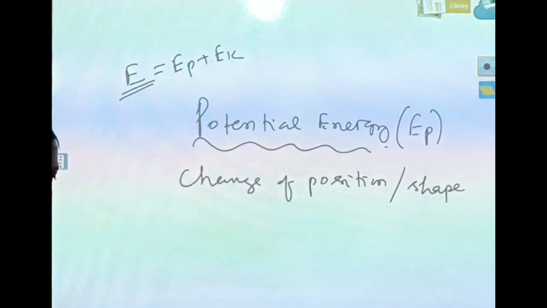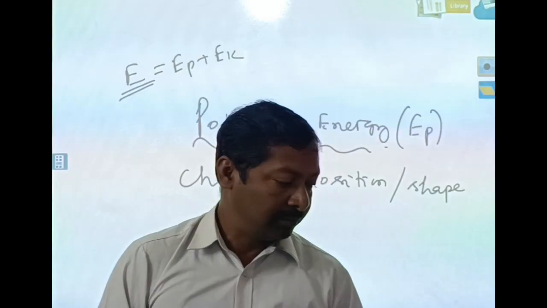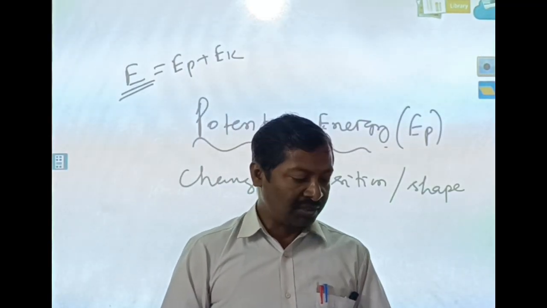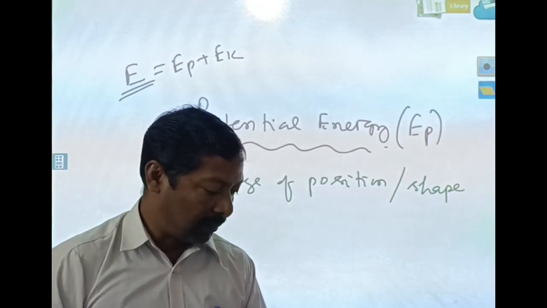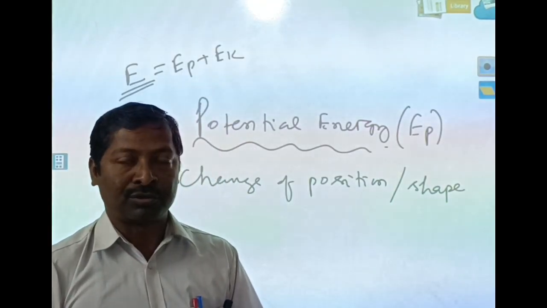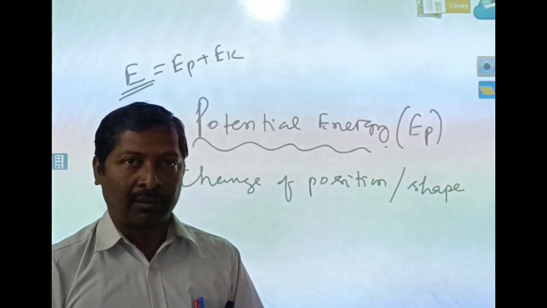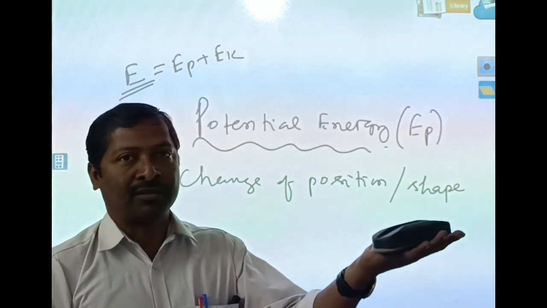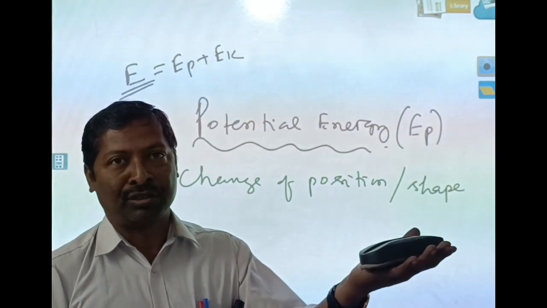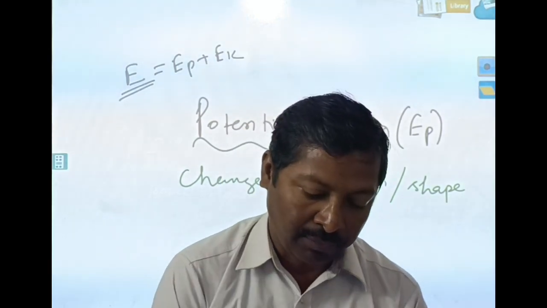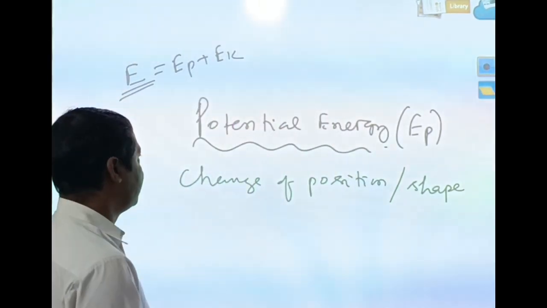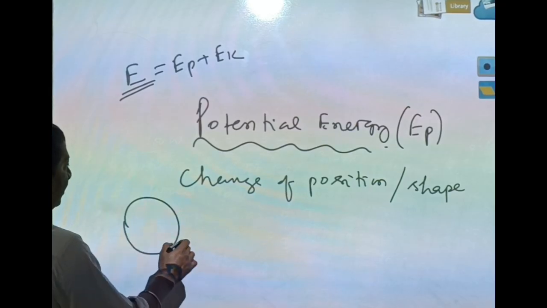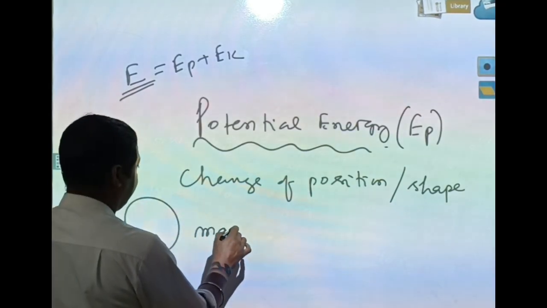If it is on the ground, its potential energy is 0. But if we raise it by applying some force equal to its weight, and take it to some height, it possesses some potential energy. We will discuss its mathematical derivation. Suppose an object of mass m is there.